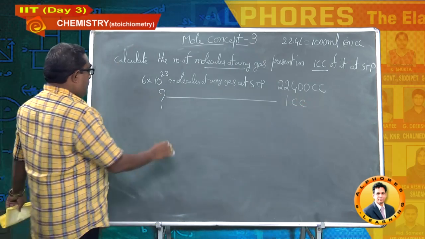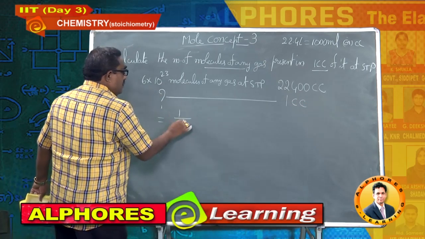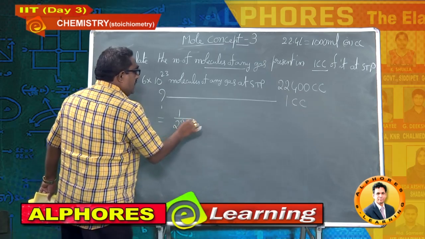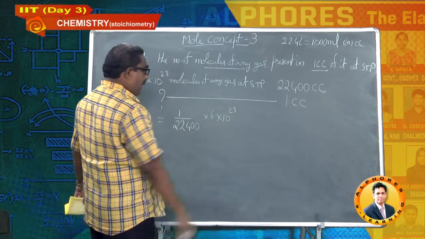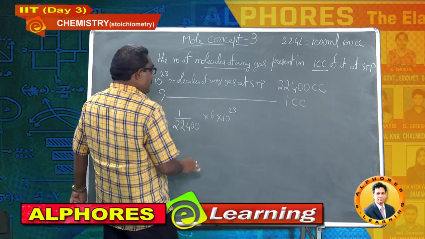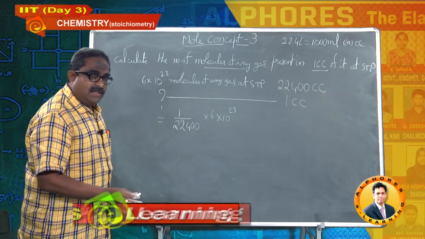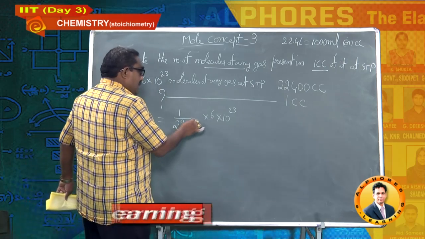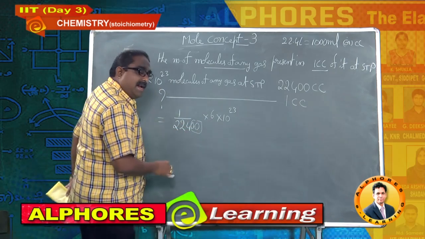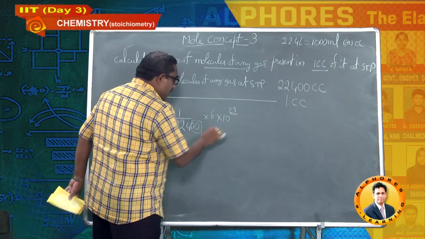That is 1 by 22,400 into 6 into 10 power 23. See the calculation. Students, please concentrate on the calculation approach also. This you can write as 10 square, students. This is 10 power 23.